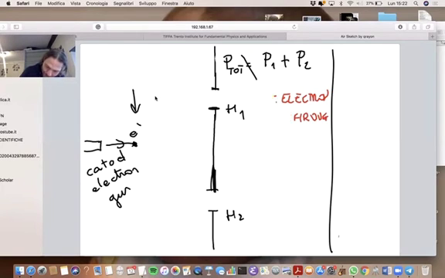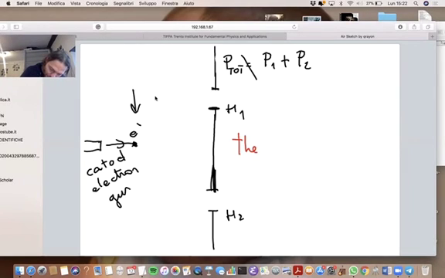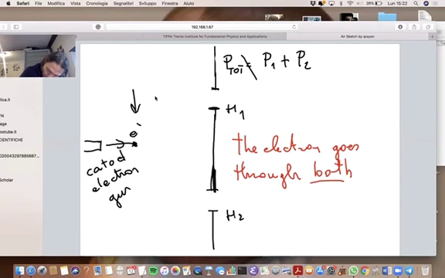So the electron goes through both holes at the same time. Okay, that means only one thing.